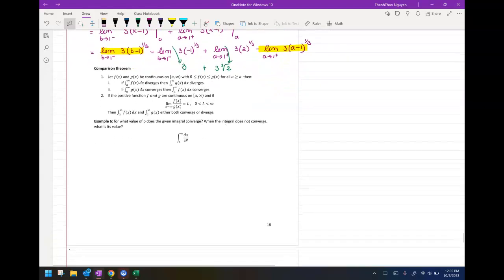Let f of x and g of x be continuous functions on a to infinity, with f of x less than g of x and greater than 0 for all x in the interval.